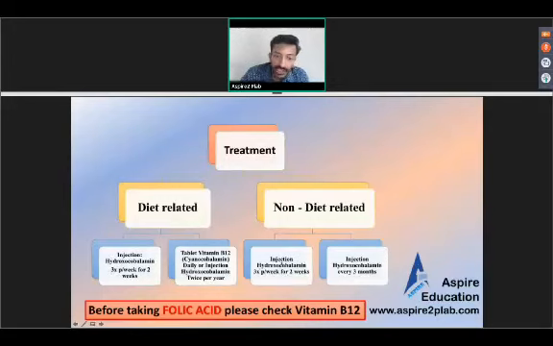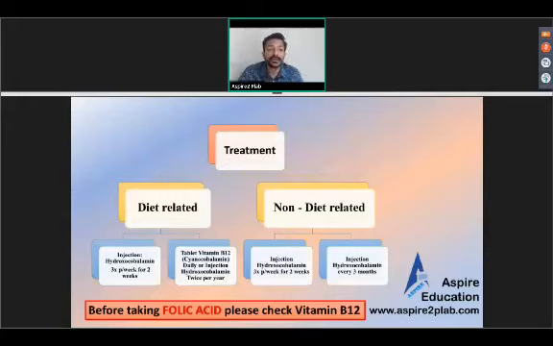It is also injection hydroxycobalamin 3 times per week for 2 weeks. So for the first 2 weeks, it doesn't matter if it is dietary related or non-dietary related. We have to give the injection, hydroxycobalamin, alternate days, 3 times per week, for 2 weeks.